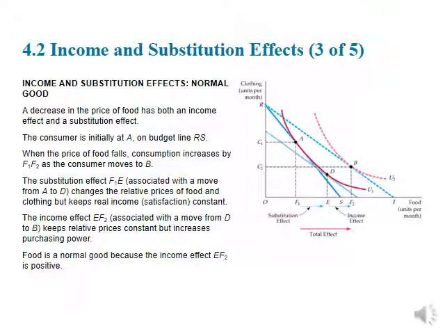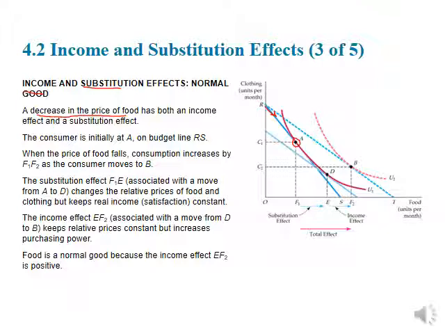So we know that a change in the price of a good has both an income and a substitution effect. And in this case, we're examining a decrease in the price of food. So here we have a budget line and a utility maximizing consumer. This consumer is originally at point A on the budget line.